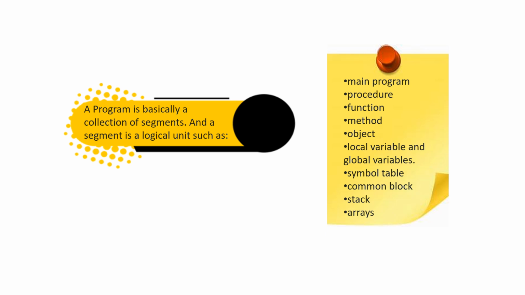So segmentation divides the memory according to the things in the program, in the user's view. Unlike paging, which will not divide the memory in the user's view, it will simply divide into fixed sizes.